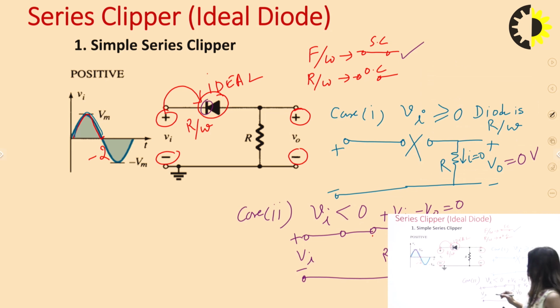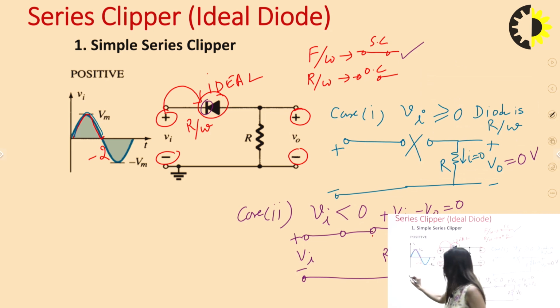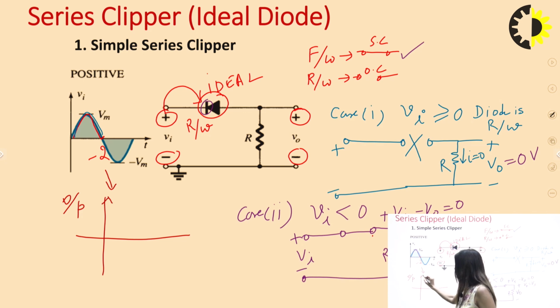Now the next part is the output waveform we will draw. This was my input waveform. Now I will write Vo on the y-axis and t on the x-axis.